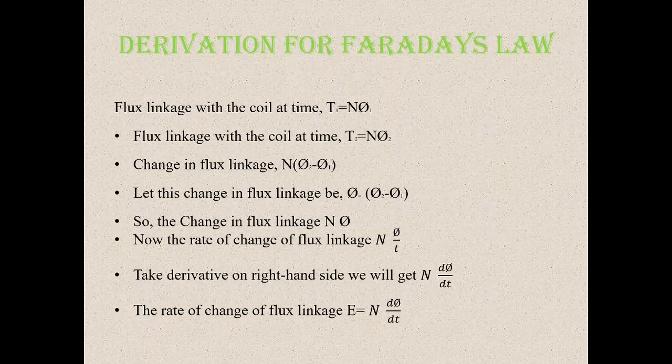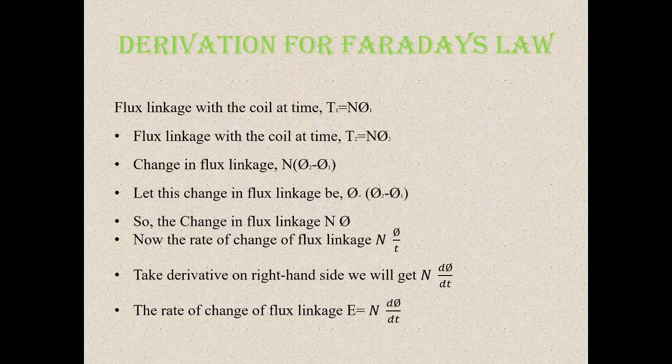Similarly, for another time instant, that is T2, the number of turns N we are not changing, so it is N only. It is constant for both instants, that's why the number of turns is N, and phi2 is the flux for time instant T2.